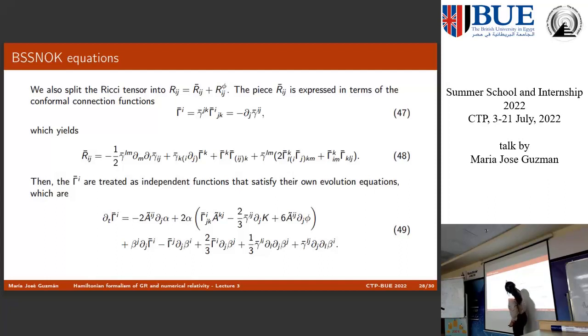So this capital gamma depends on spatial derivatives of the lower gamma, which gives me this R, something only depending on spatial derivatives. So this is again some sort of potential which only has spatial derivatives. And these conformal connection functions have a different set of evolution equations like this.